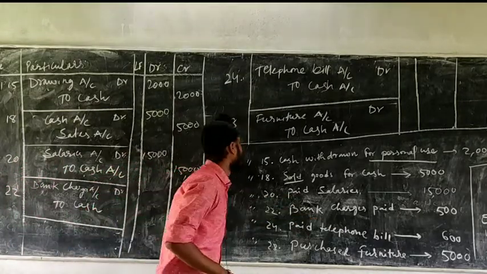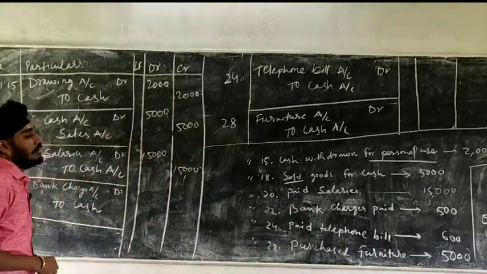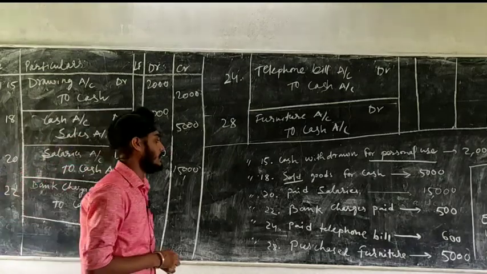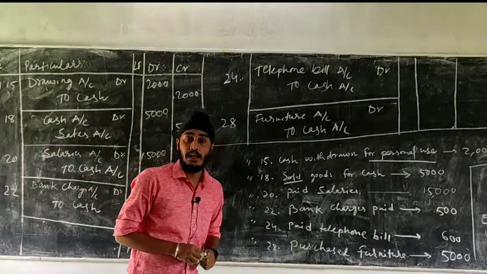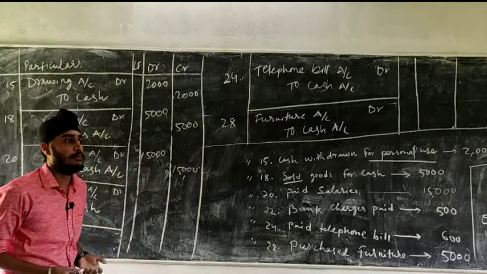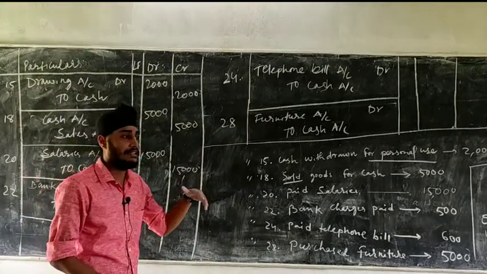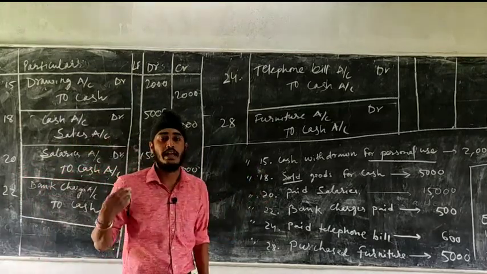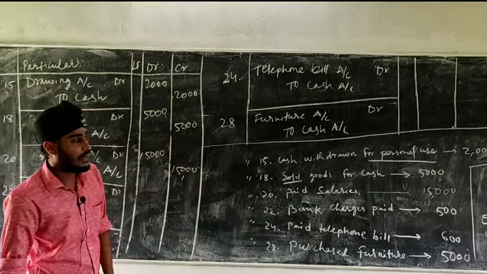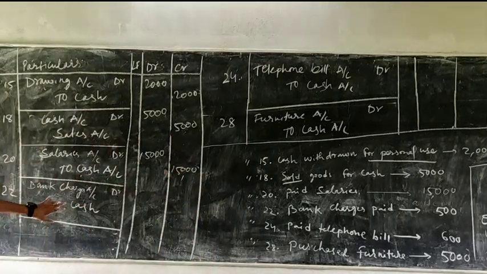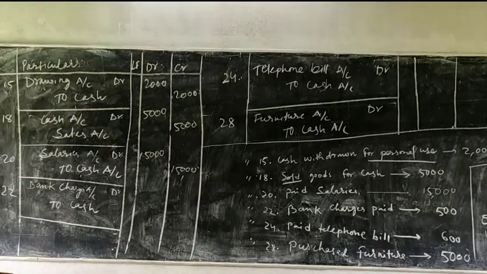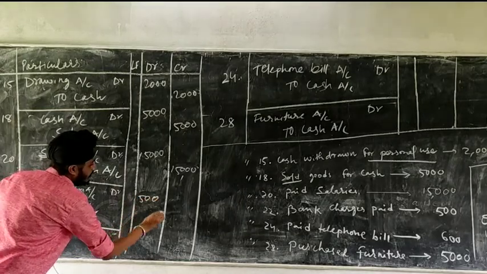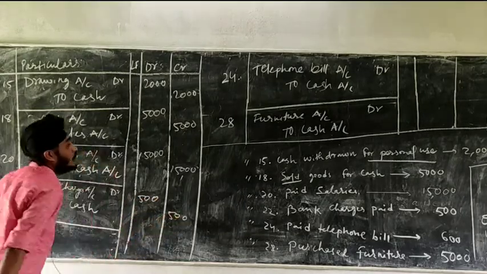Bank charges paid. Bank charge is an expense. So bank charges account debit to cash. Why to cash? Because cash is going out. Bank charge is an expense, so it will be debit, and cash goes out, it will be credit. What is the amount? 500, to debit, 500 to credit.